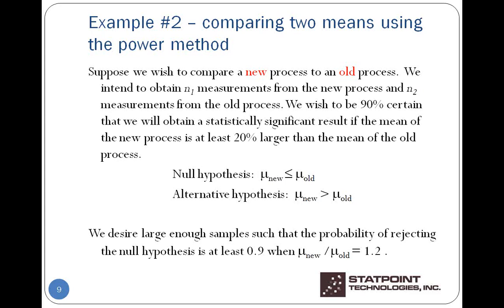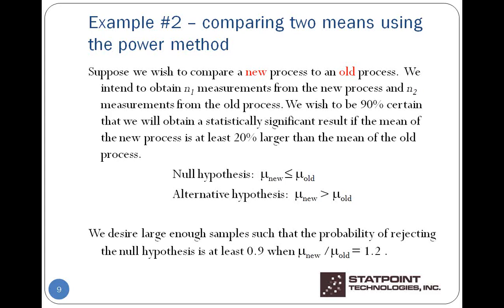Now, in order to approach this problem, we set up a set of hypotheses, a null hypothesis and an alternative hypothesis. In this case, the null hypothesis, which I'll have to believe unless I can prove otherwise, is that the mean of my new process is no better than the mean of my old process. The alternative that I hope to prove, and that's typically the way these hypotheses are set up, the alternative hypothesis is what you're trying to demonstrate, is that the mean of my new process is greater than the mean of my old process.